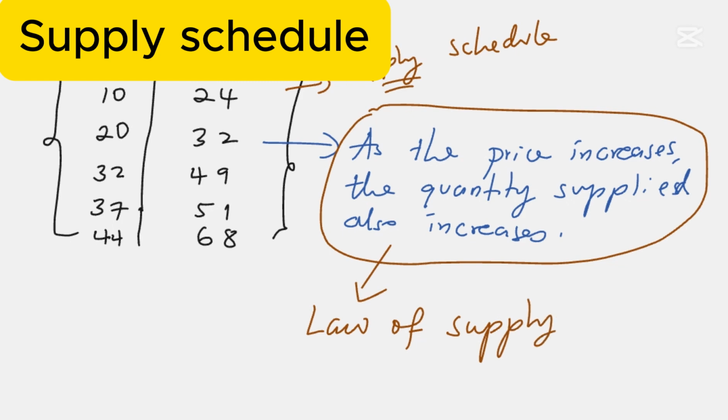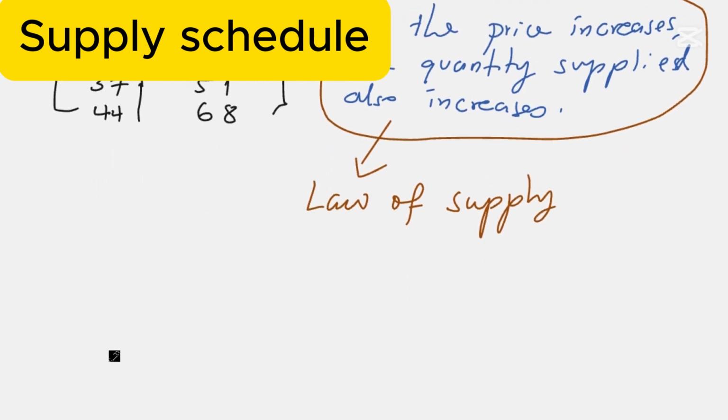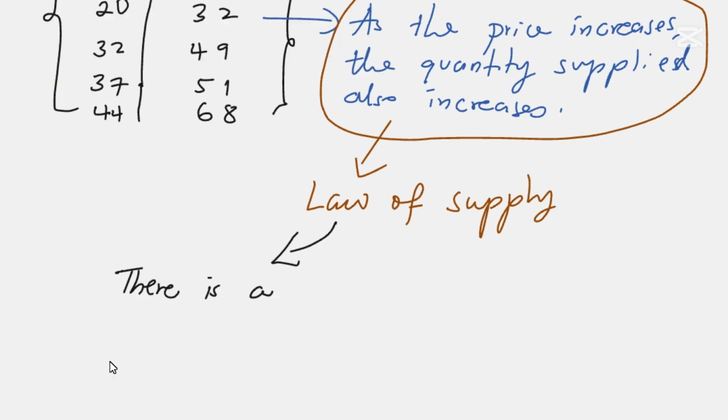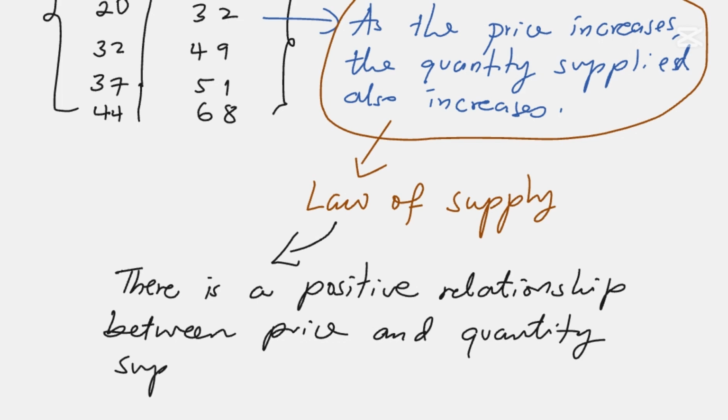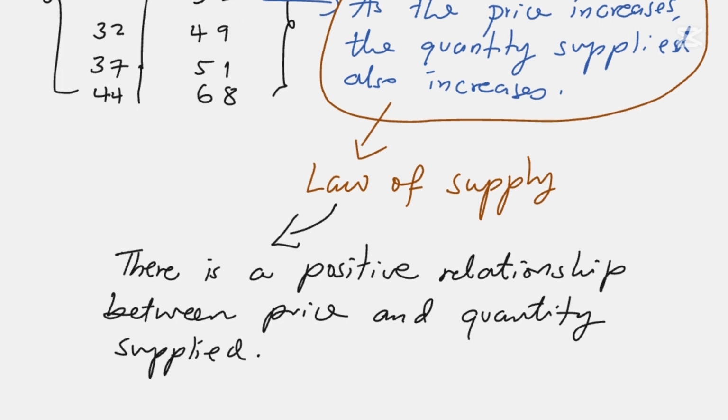Just like we had the law of demand, here we have the law of supply. The law of supply simply tells us that there is a positive relationship between the price of that product and the quantity supplied. This is the law of supply.